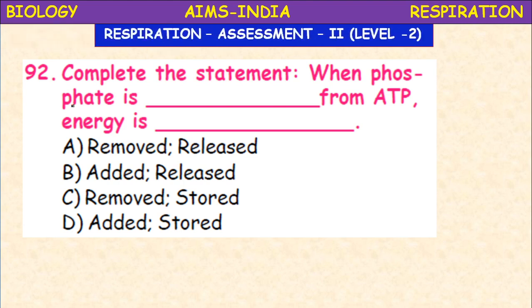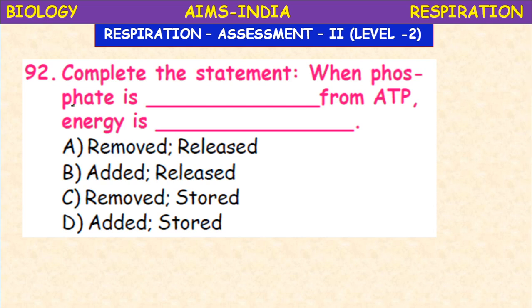Next, complete the statement. When phosphate is dash from ATP, energy is dash. The options: when the phosphate is removed from ATP, energy is released; or when phosphate is added to ATP, energy is released; or when phosphate is removed from ATP, energy is stored; or when the phosphate is added, the energy is stored.